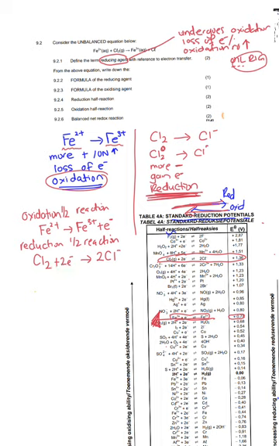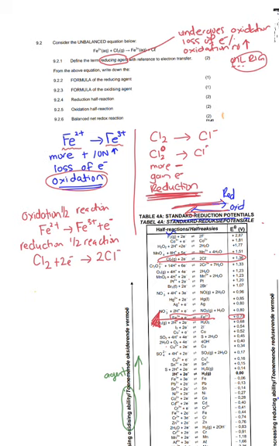Now we would need to find the oxidizing and the reducing agents. Now if you look at the table, you can see here it says oxidizing ability increases as we go up. Oxidizing ability would also mean oxidizing agent. And we can see that it is iron that undergoes oxidation.